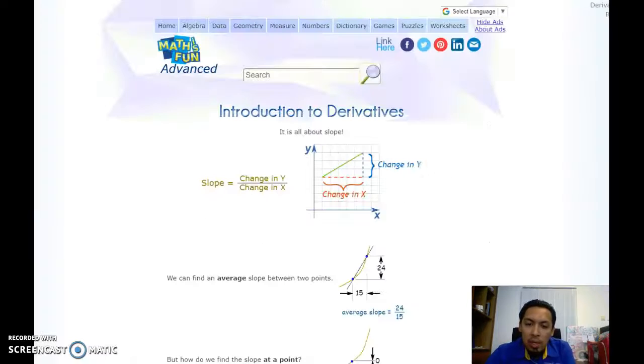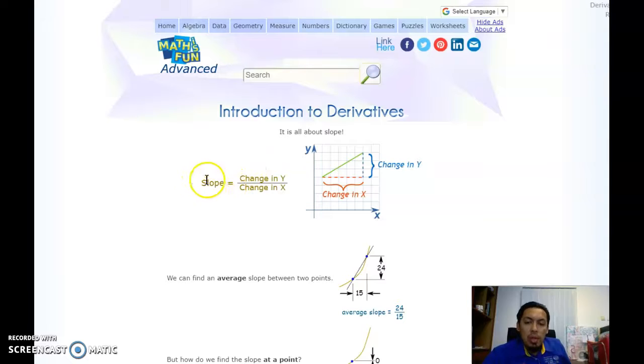Let's look at this explanation. So what really happens when we conduct differentiation? When we want to find a derivative using differentiation, what we are looking at is a slope. That is the main idea.